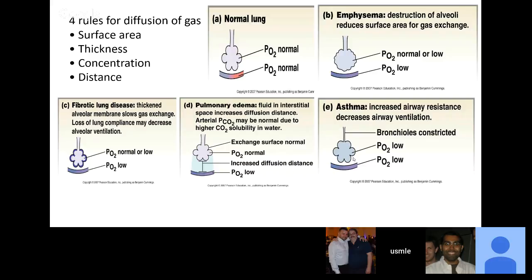So now the question is, what is the most severe type of asthma that can lead to death? What do you call it? That's my question.